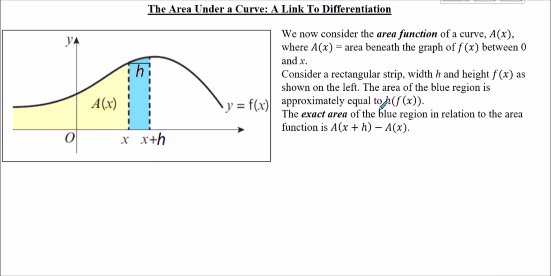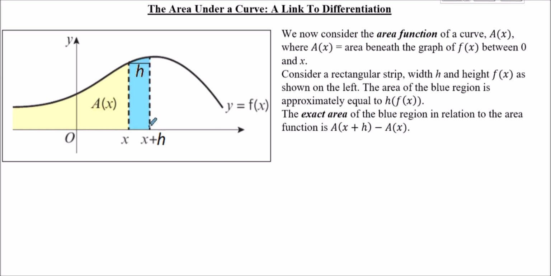Now the exact area in terms of this area function would be the area function of x plus h, which would mean all of this here. But of course we wouldn't want A of x. So the blue region alone exactly would be the area function of x plus h subtracted away the area function of x.